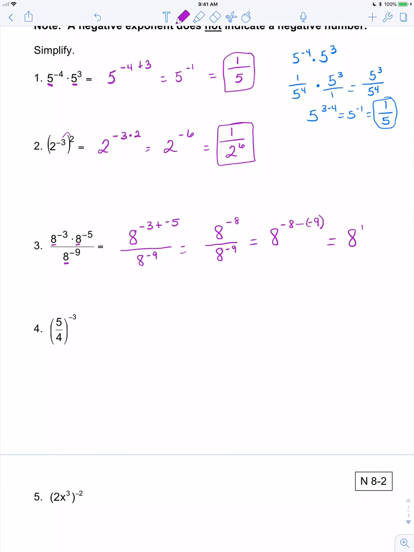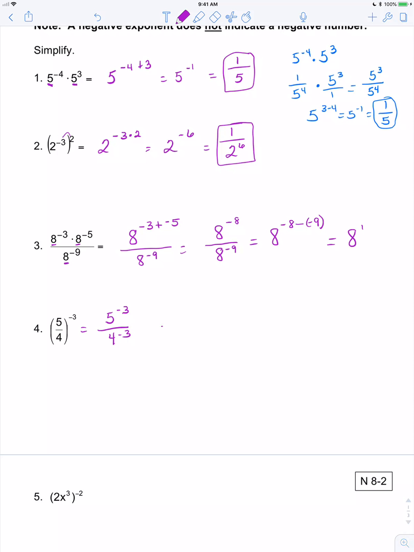All right, here's another. Here's one where it's a fraction, and it's brought to a negative power. So remember, when we did that rule, that is 5 to the negative 3 over 4 to the negative 3 power. They're both brought to that power. Well, 5 to the negative 3 power, we don't like that, and we can't do anything with those because we don't have the same base, so we can't divide them that way.